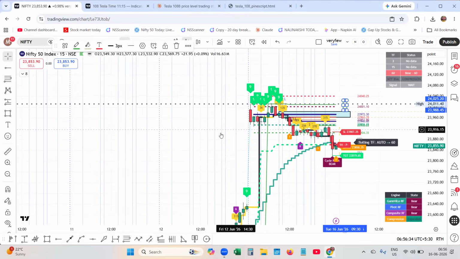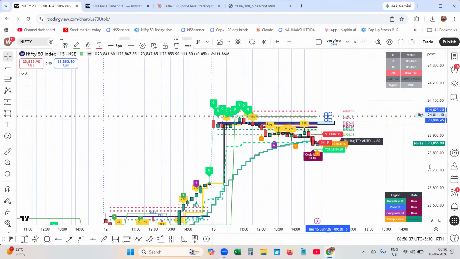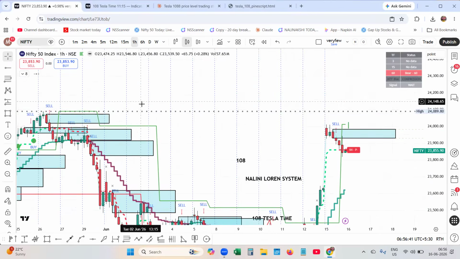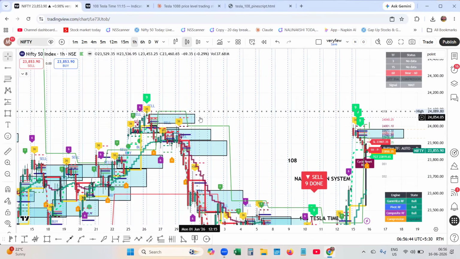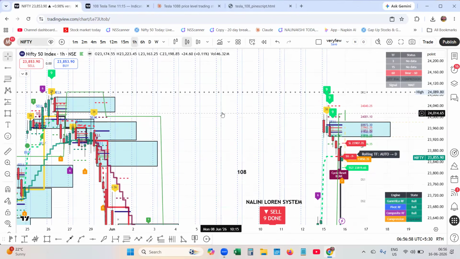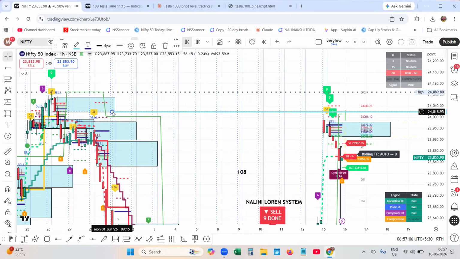Suppose I go back, let me mark where the Tesla times are. This is the previous Tesla time zone. That's why the market could not go up to this. This was the Tesla zone, and if I put a line over there, 24,021.18.